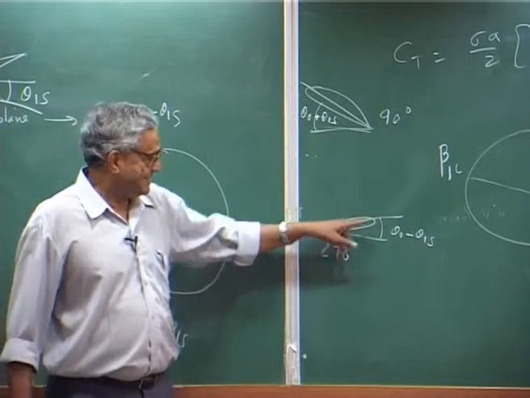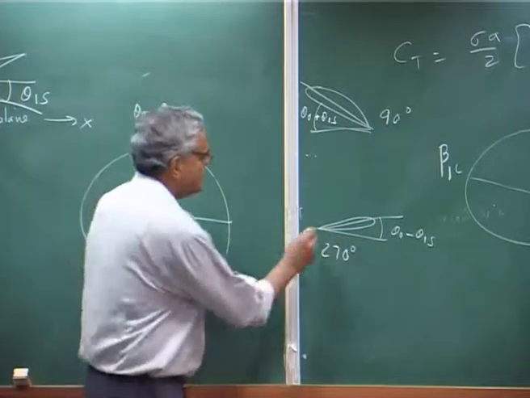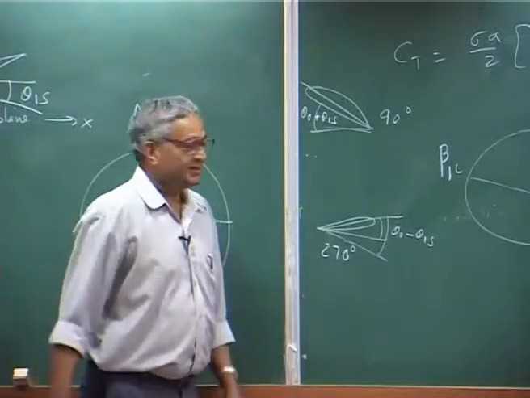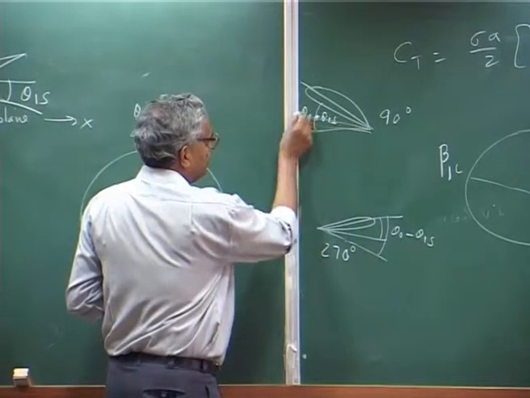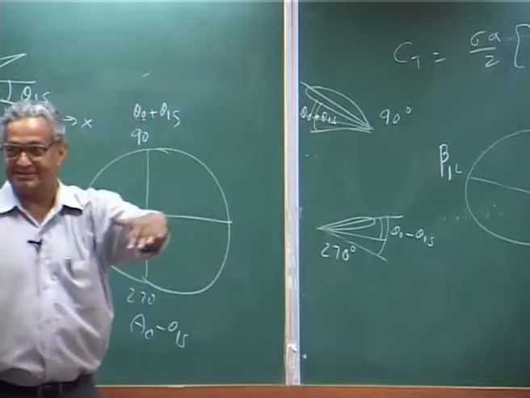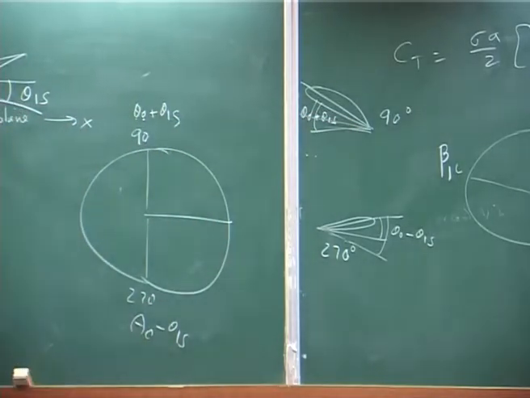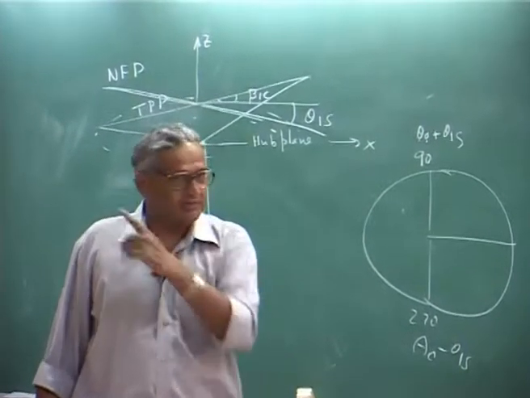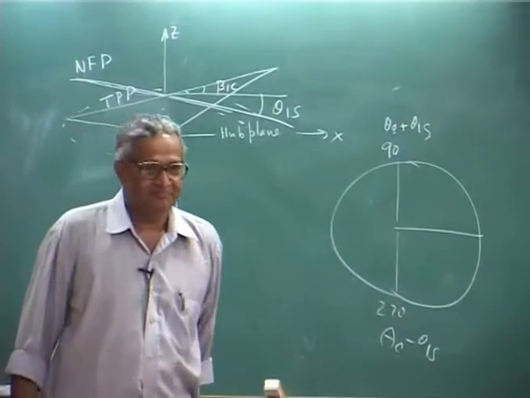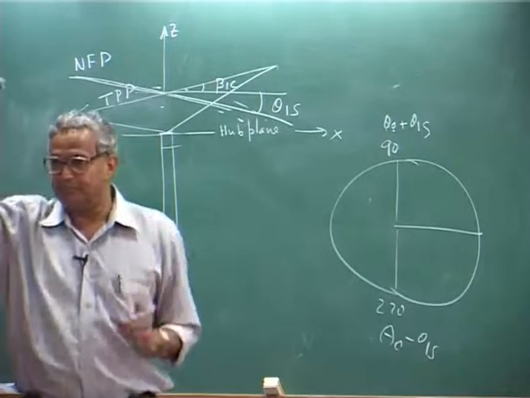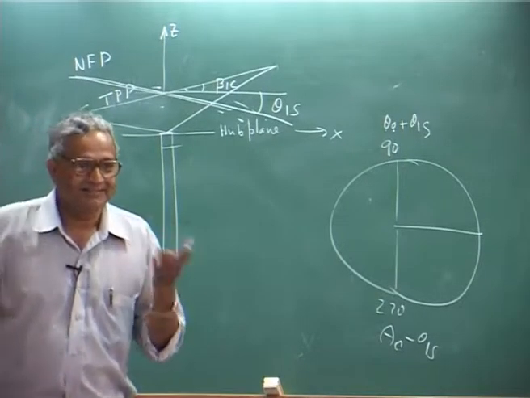I want this angle to increase, means the plane must come down. Here it should be. So, these two lines you join, that is that. Okay. That plane is this plane. So, in the no feathering plane, the pitch angle is constant. In the tip path plane, there is no flapping motion, all tip is going.